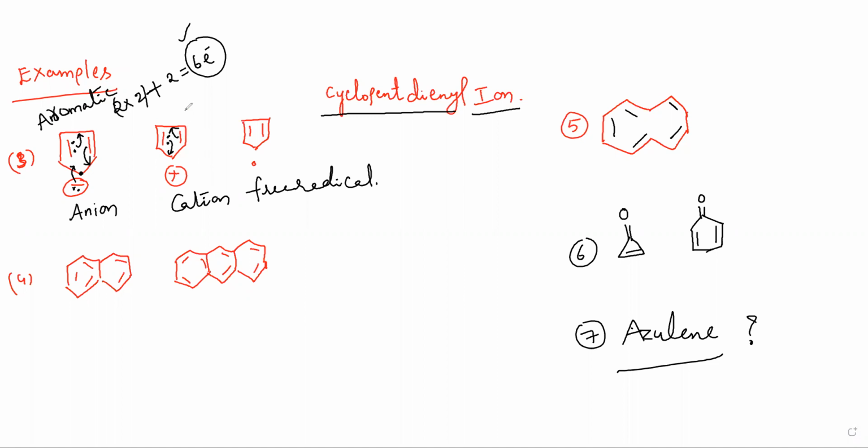It has 4 electrons in the conjugation. A 4 electron system is anti-aromatic in nature, because it obeys the 4n pi electron rule.